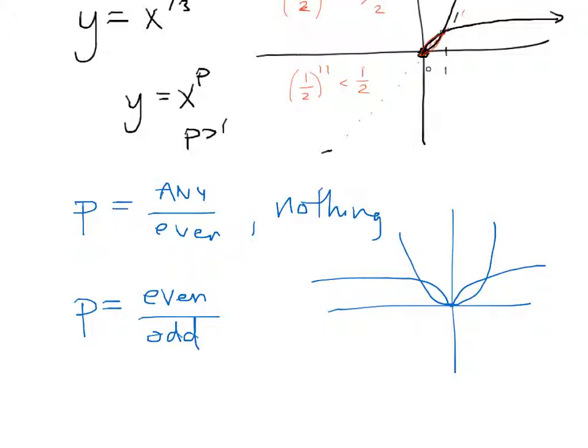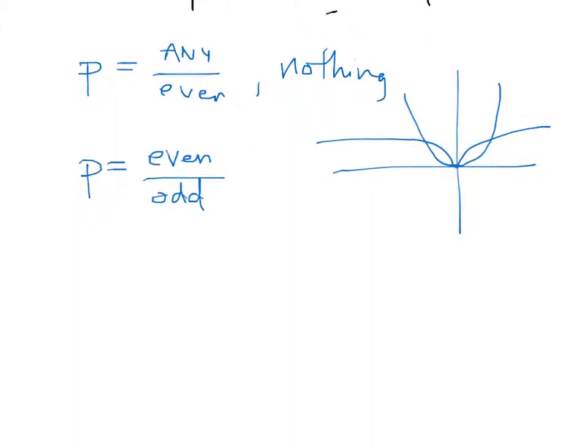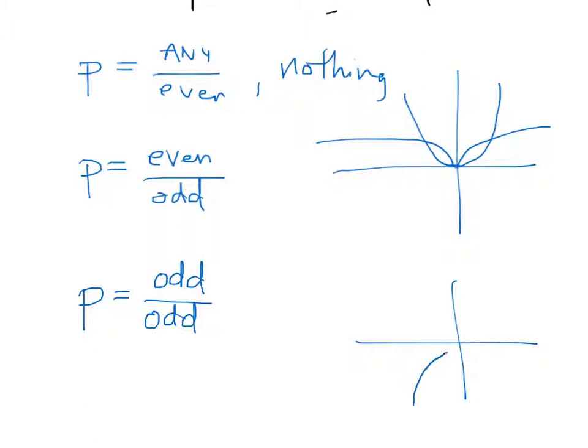And that makes sense when I draw that. And if p is an odd over an odd, you'll get either this or you'll get, again, I'm careful to indicate the football nature of what's going on between 0 and 1.